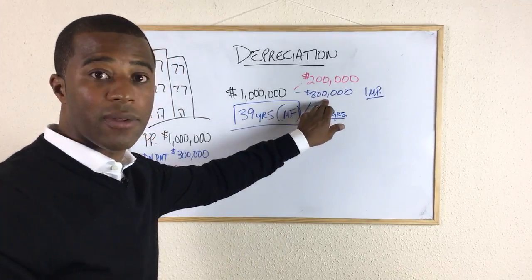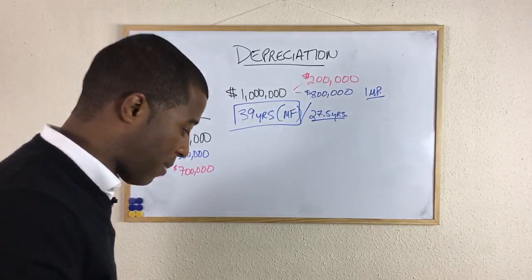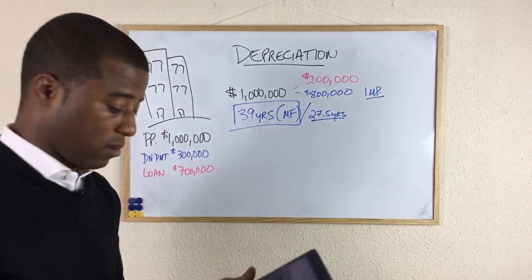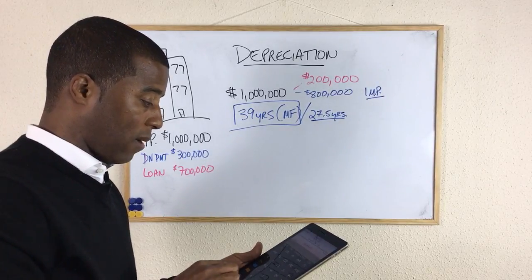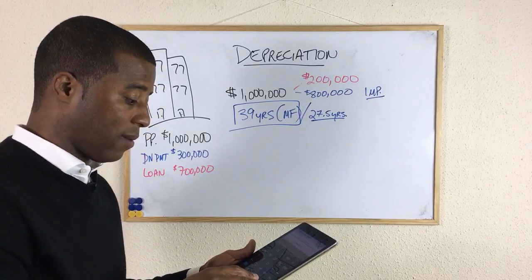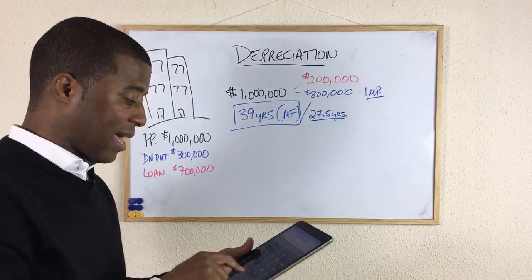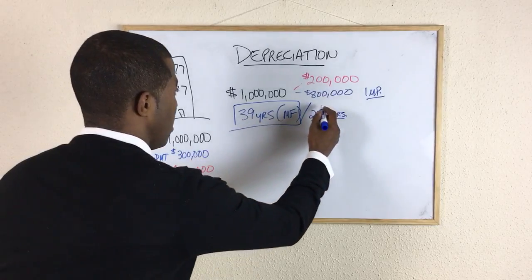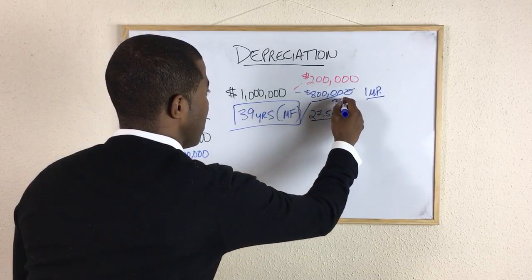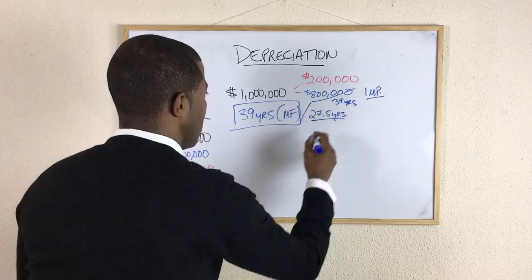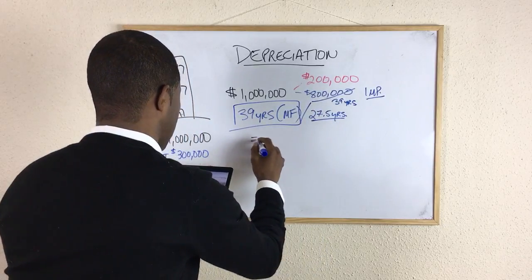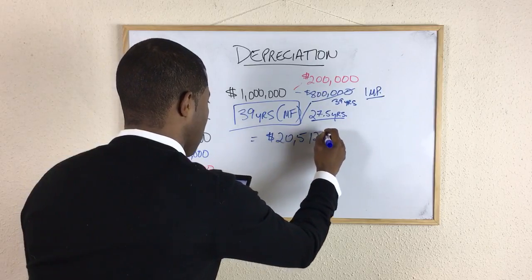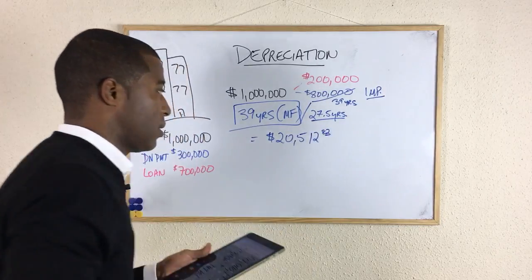So if we take this $800,000, I'm going to have to use my calculator here, by the way. We're going to take the $800,000 that we have as the basis of the improvements and divide that by 39 years. It actually gives us a total of $20,512.82.